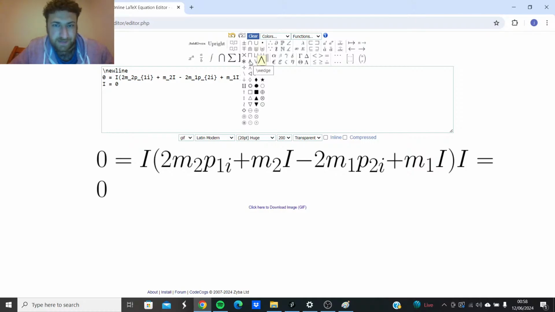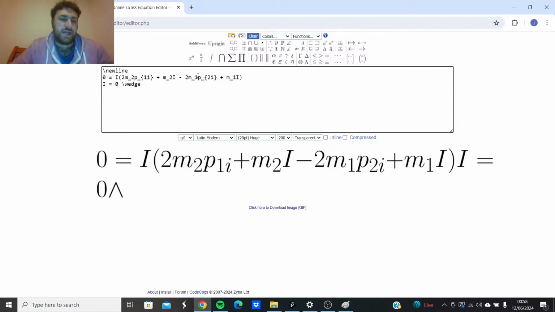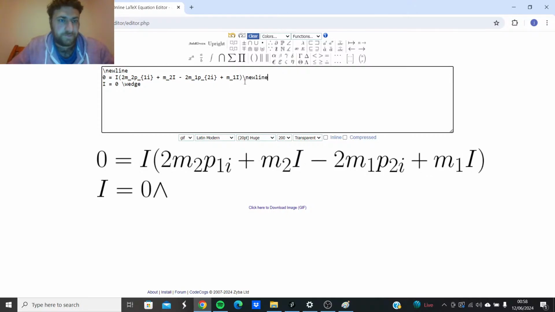Yeah, this one, wedge. So either I equals 0 or this equation here is 0. And if we solve that for I, we will get, oh, I see. Huh. Interesting.